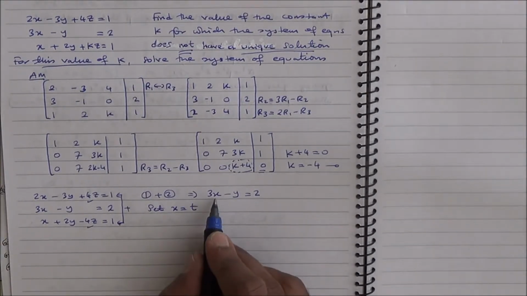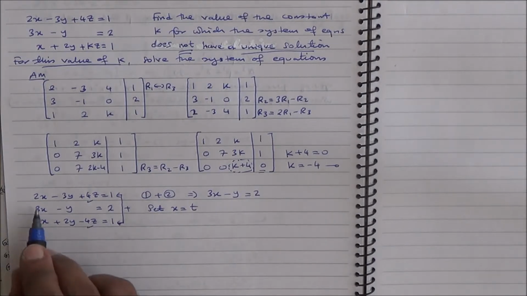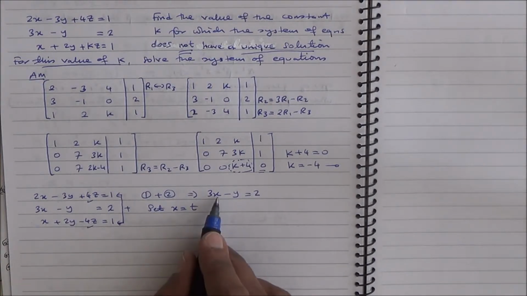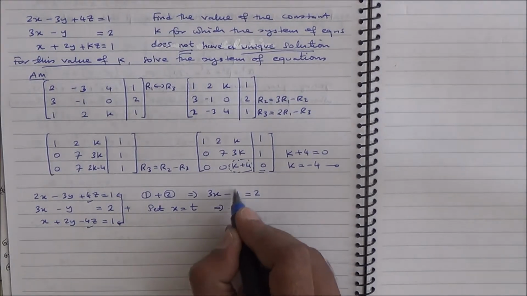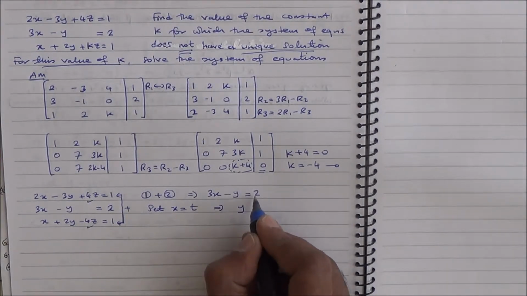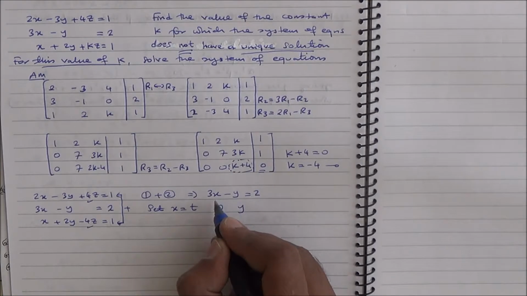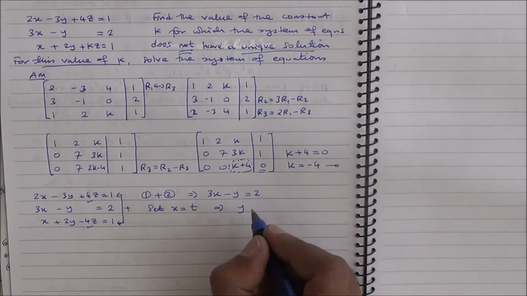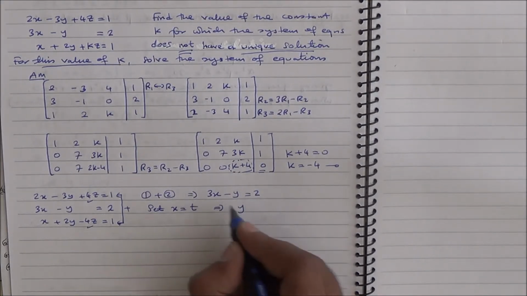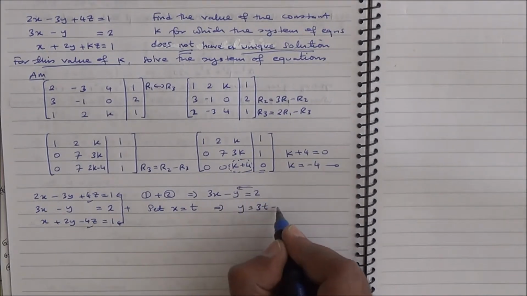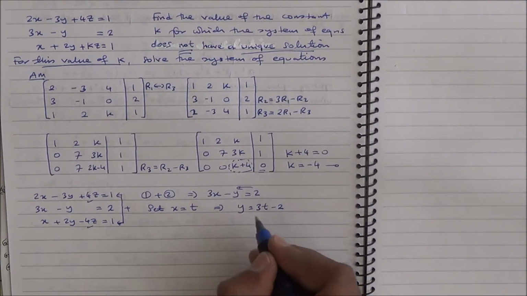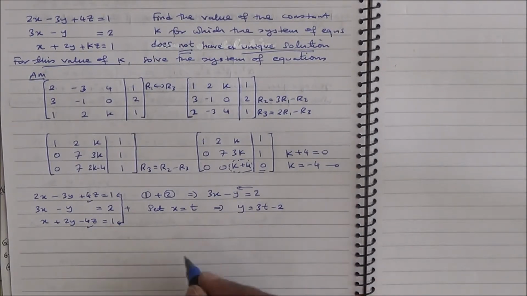If I do that, then y goes on the other side, and I've got 3t minus 2. So this is y, one coordinate in the parametric form.